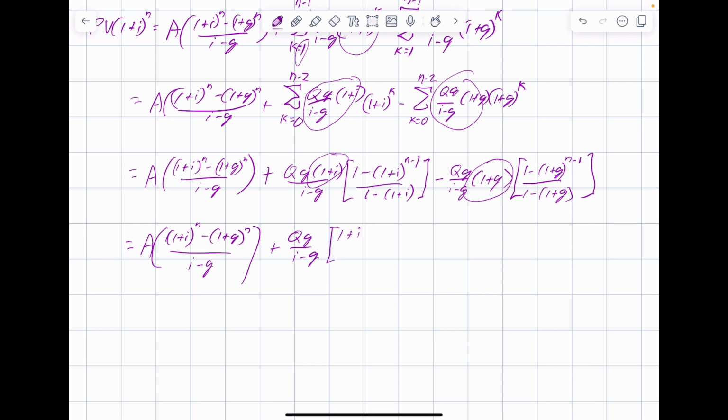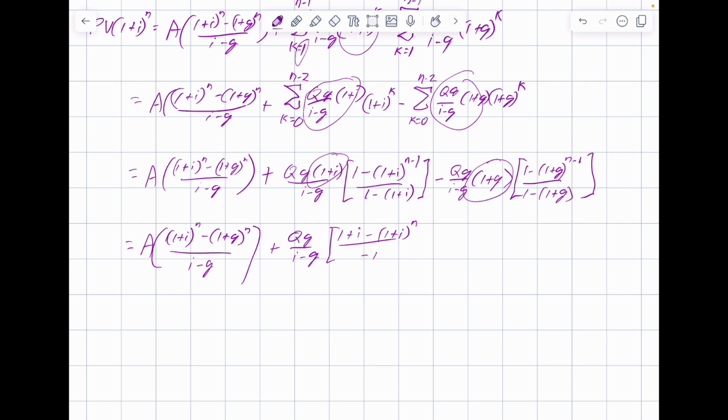So we'll distribute this first 1 plus I multiplied by 1, and this 1 plus I will just increase the power to n.